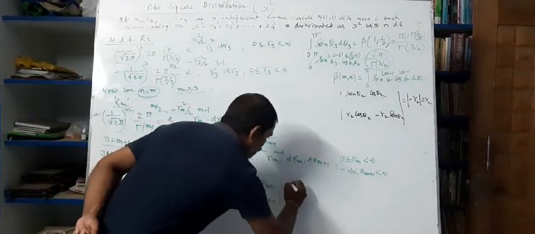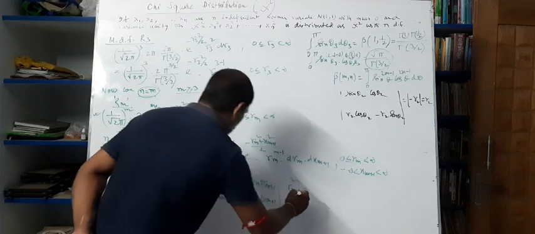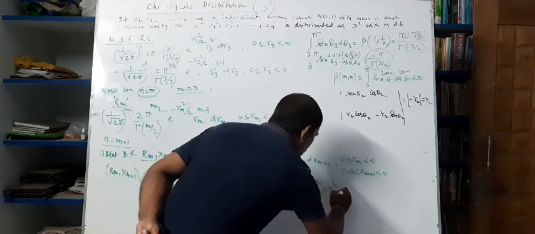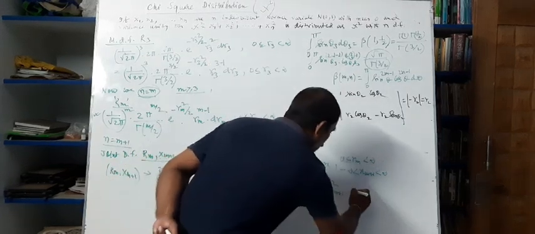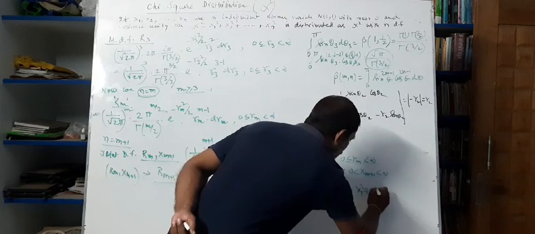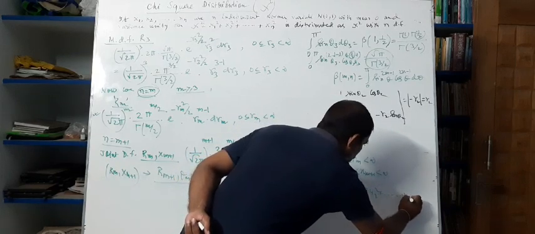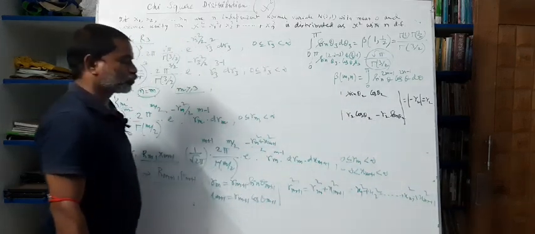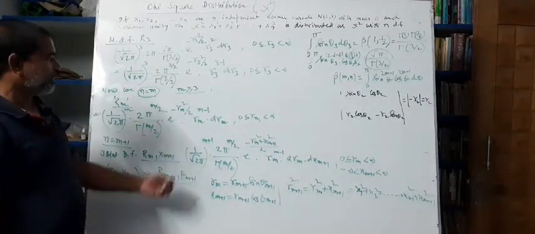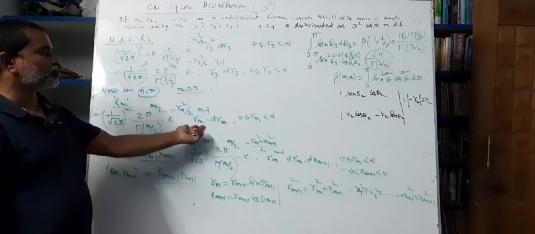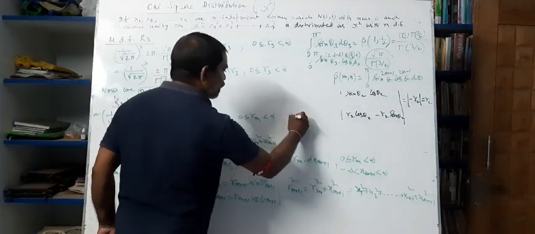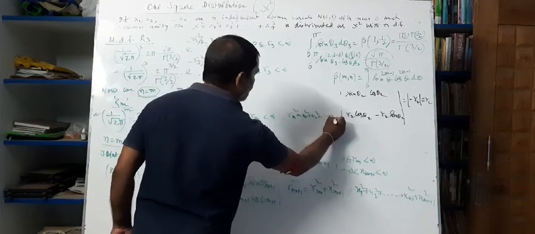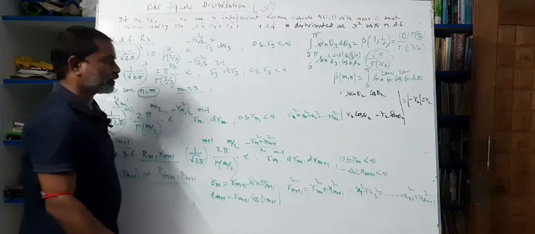So here r square m plus 1 equal to r square m plus x square m plus 1, and that is equal to x1 square plus x2 square plus dot dot dot plus xm square plus xm plus 1 whole square. Here Rm square is equal to x1 square plus x2 square plus dot dot dot plus xm square.